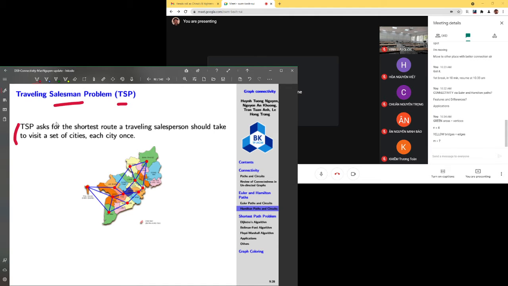So the TSP, or the traveling salesman's problem, asks you to find a shortcut route for a traveling salesperson. You are an agent from some company, you sell the product for the company, and you want to visit many cities, let's say in the southern part of Vietnam, maybe your central branch is in Ho Chi Minh City right here, and you want to travel to visit many branches in the entire region, okay?